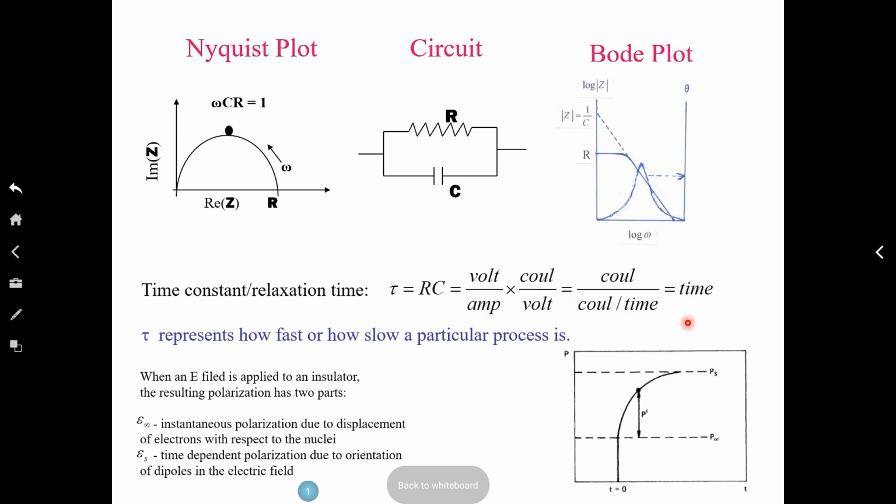Does it happen instantaneously? It doesn't. As soon as you apply voltage, many of them will align almost immediately. But some will have to reorient and will take some time, and eventually come to the saturation polarization. And this rate will determine how the polarization happens.